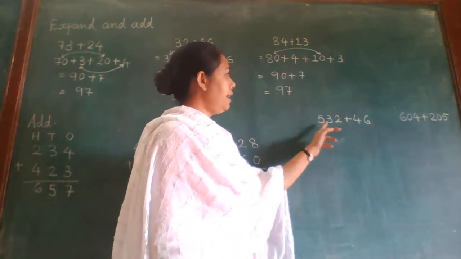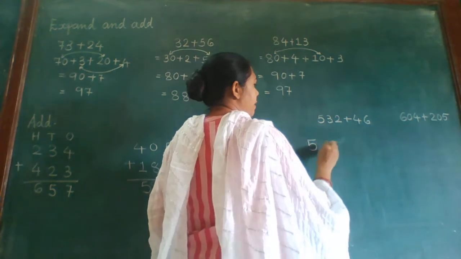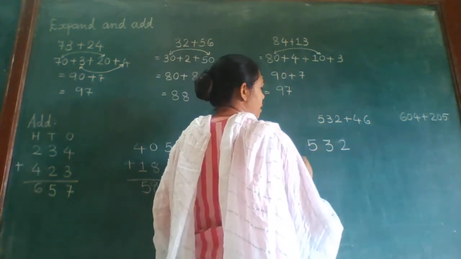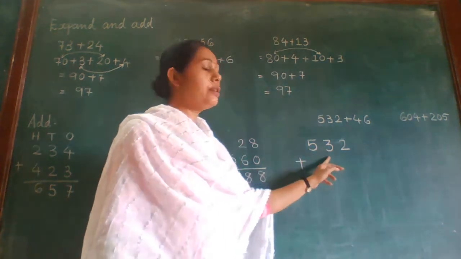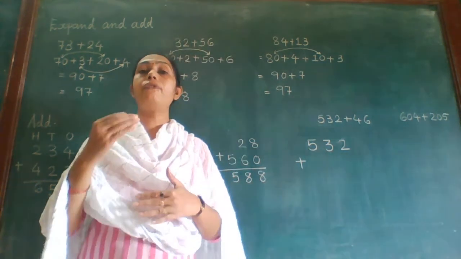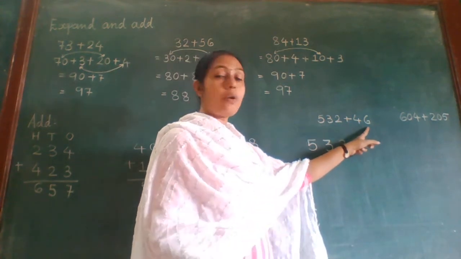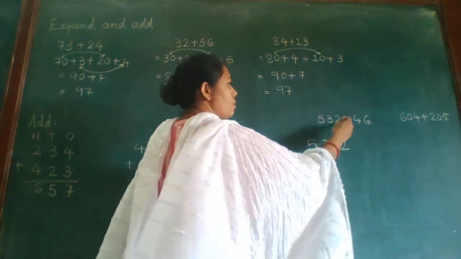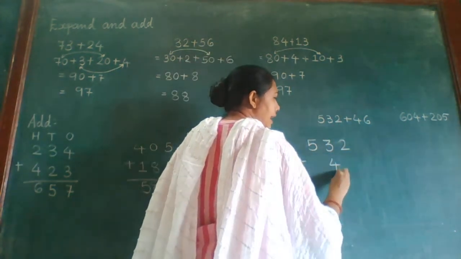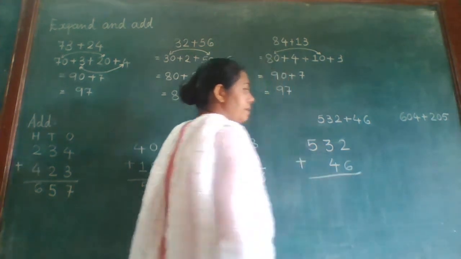Now 532 plus 46. 532 is a 3-digit number and 46 is a 2-digit number, means 6 on ones place and 4 on tens place. So 4 we have to write on tens place and 6 we have to write on ones place.